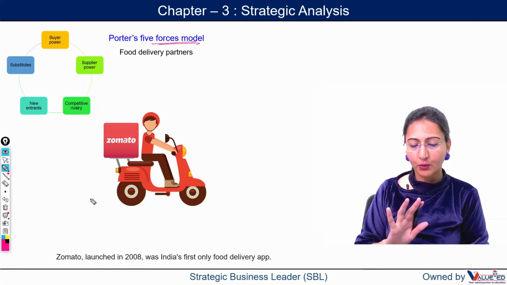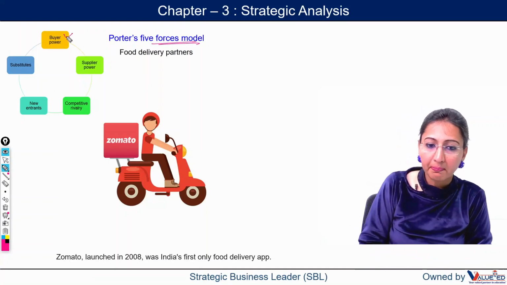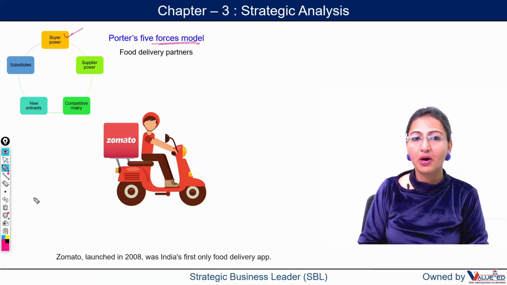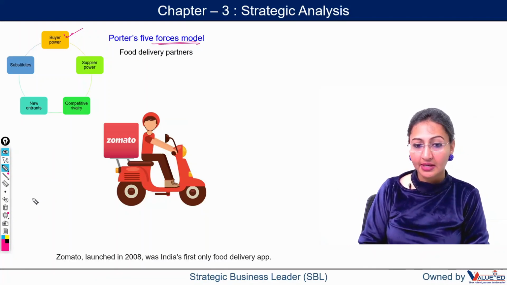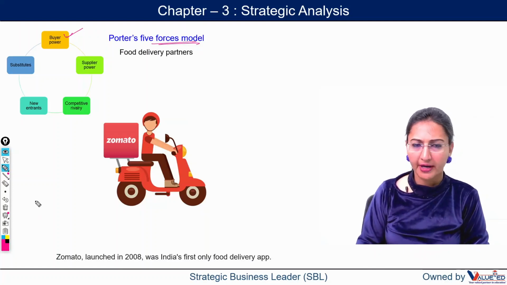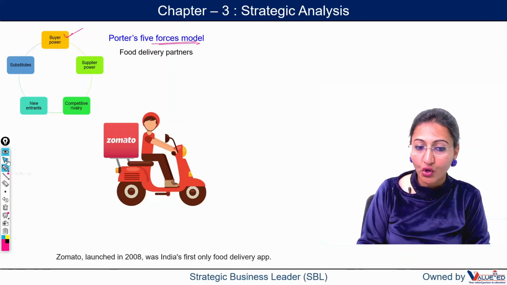Now let's suppose we are Zomato. We have to see the buyer power. How powerful is the buyer? Can the buyer decide on pricing? Can the buyer decide, no, I will not take anything from Zomato? Here the buyer was not really powerful.